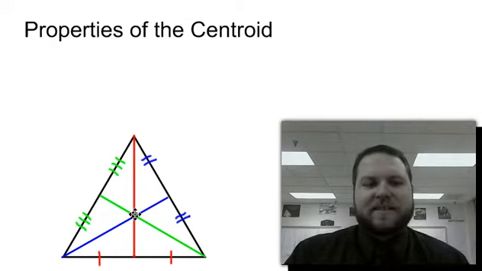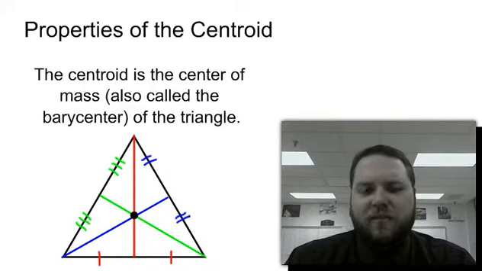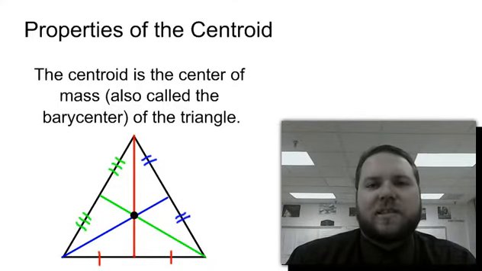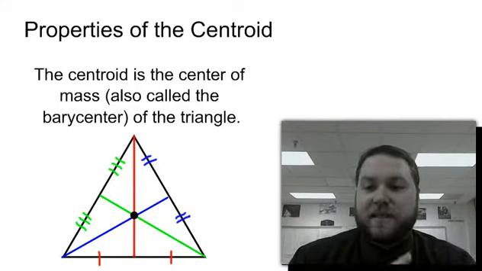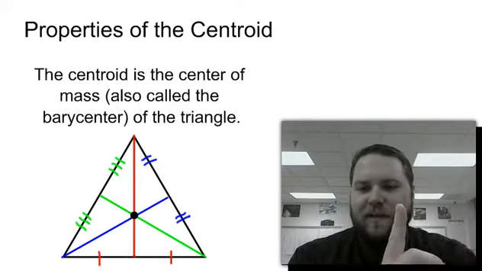We call this the center of mass of the triangle. So again, the centroid is the center of mass, the point at which it acts like all the mass of the triangle is there, and it's sort of the balancing point for it. I don't know if you've ever seen somebody spin a basketball on their finger and how it balances right at that one point.